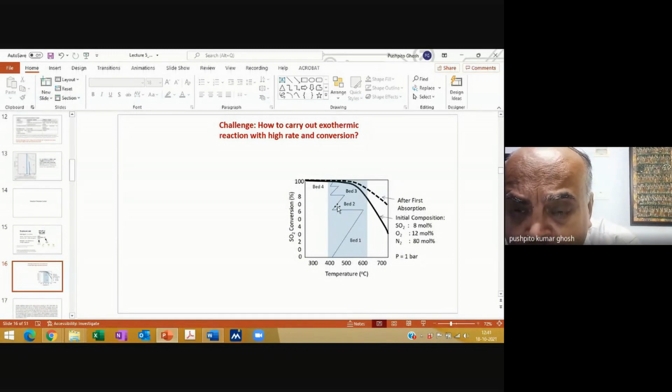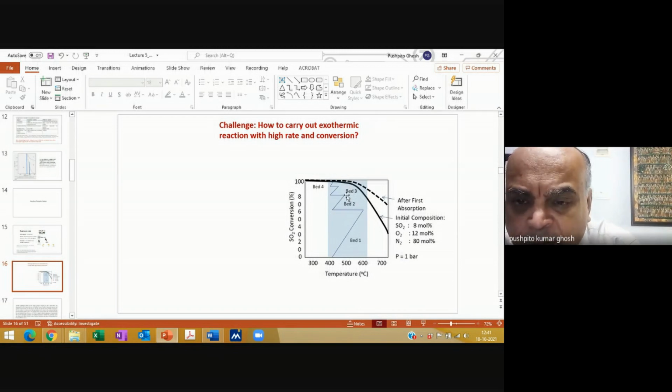When I'm doing this cooling, I'm doing it outside of a catalyst bed. I'm not doing it in the catalyst bed. And so nothing can reverse when I'm doing a cooling. Whatever yield I got at this point, the yield will remain more or less the same here. Now I introduce it into a catalyst bed, and I allow it to further react.